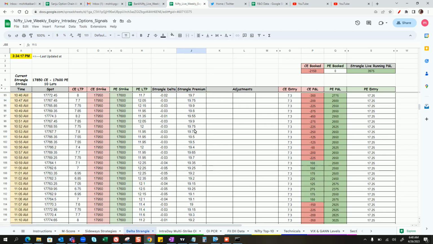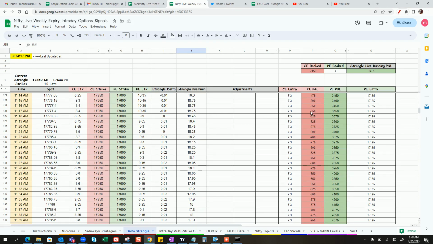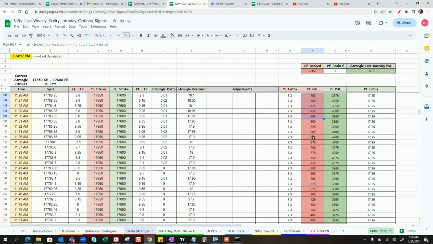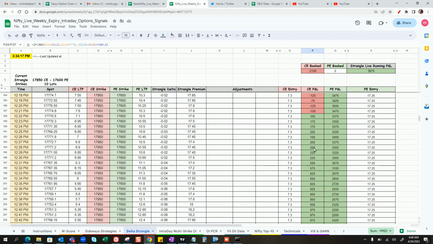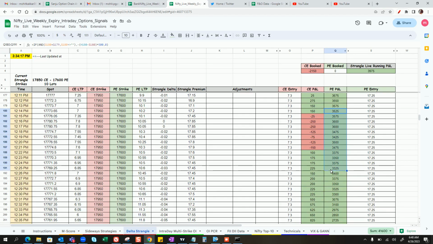Then this goes on. The call leg goes into profit, then the new call leg also goes into trouble because the market is trending up, around 11, 12. Definitely if the call is giving trouble then the puts are giving profit, but there is no need to adjust the put at this moment.